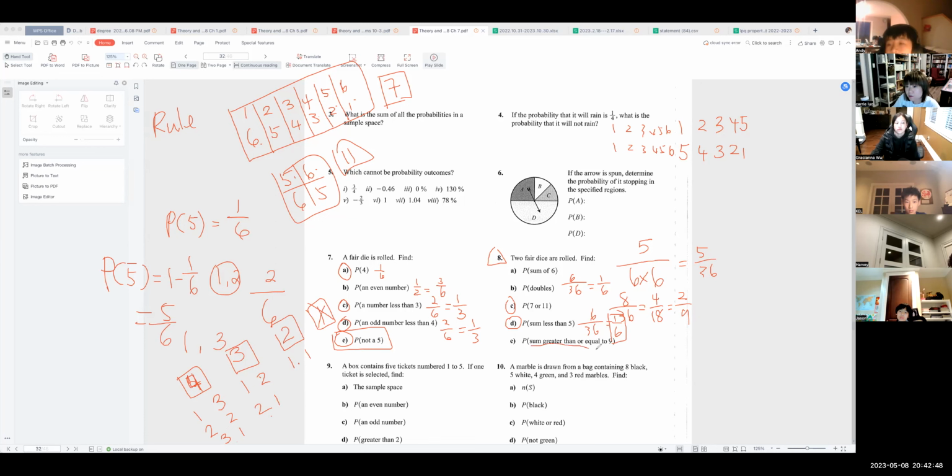So let's take a look at this. The sum which is greater than or equals to 9. So we need to list 9, 10, 11, and 12. 因为比9大或者等于9的只有4种情况，所以是 3 6, 4 5, 5 4, and 6 3, and 4 6, 5 5, and 6 4, and 5 6, 6 5, and 6 6. 1, 2, 3, 4, 5, 6, 7, 8, 9, 10.